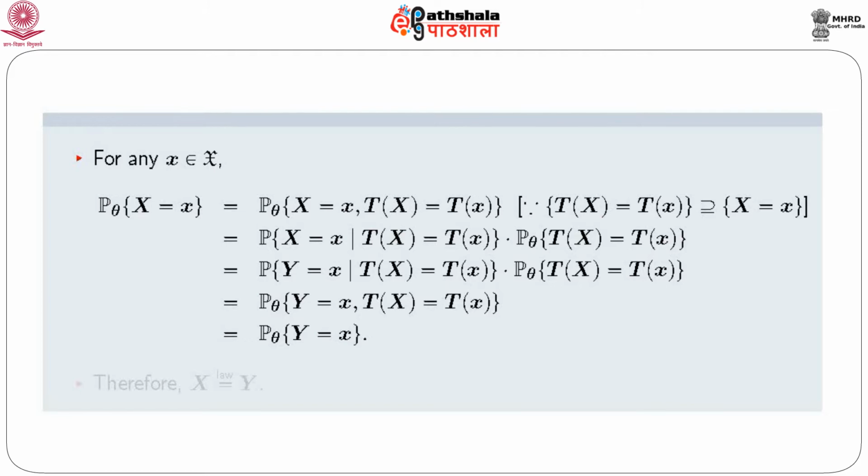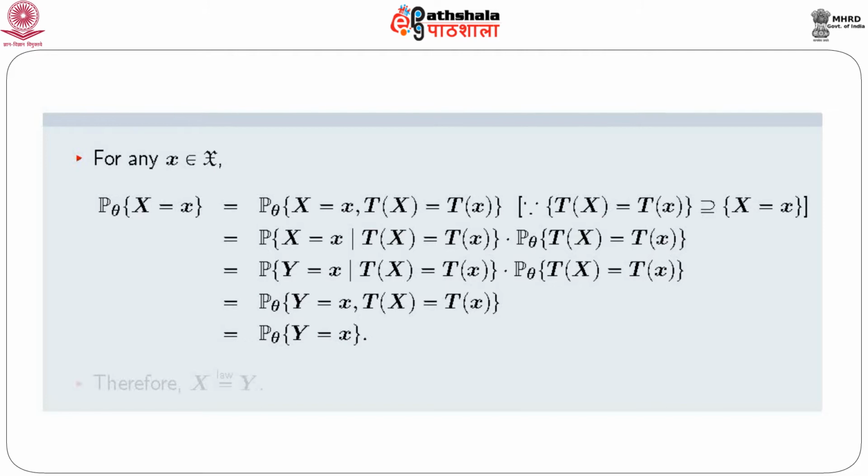This is due to the fact that X equals x implies T(X) equals T(x), and hence we get probability that X equals x given T(X) equals T(x), times probability that T(X) equals T(x). It follows from the definition of conditional probability.